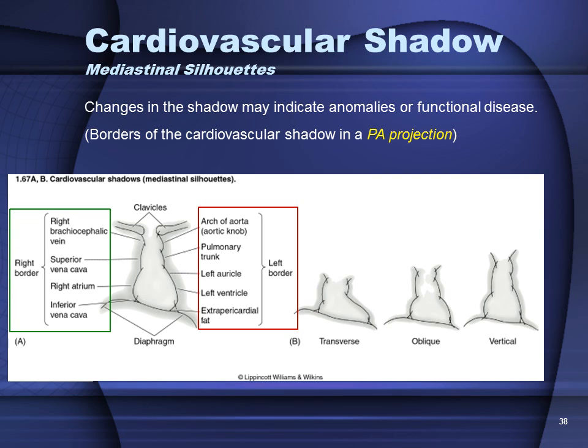In contrast to the right, where we would see the right brachiocephalic vein or trunk, the superior vena cava, the right atrium, and the inferior vena cava.